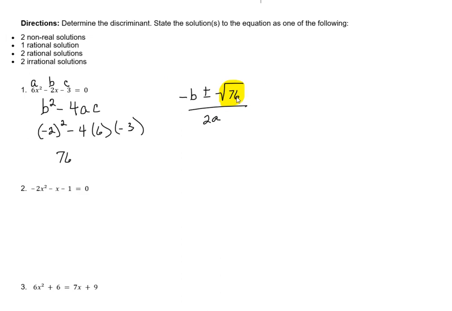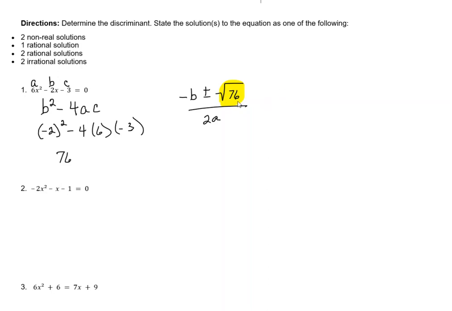First of all, I notice that this square root has a radicand that's positive. The 76 is positive. So this is a real number. I just have to figure out, is it a rational or an irrational? Well, 76 can be simplified, but when I simplify it, it's still going to have a square root in it. 76 is not a perfect square.